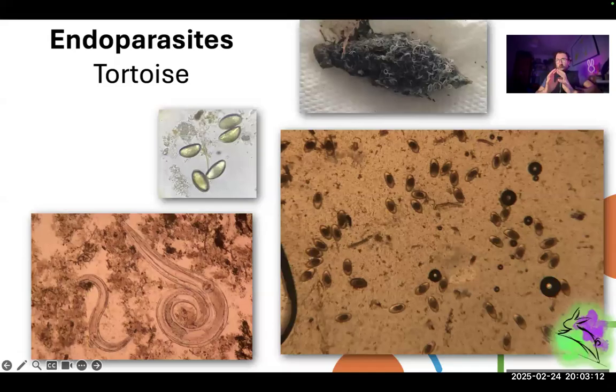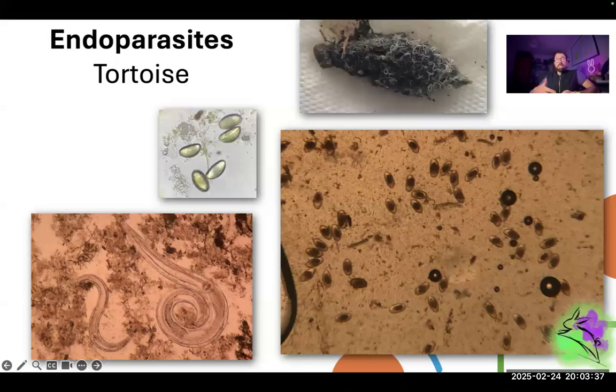So a small amount is needed. That is why it's always better not to deworm a tortoise just because you read that you have to deworm a tortoise. No, you always have to perform a fecal test first. And if the amount of parasites is lower than the recommended limit, we don't have to do anything else.